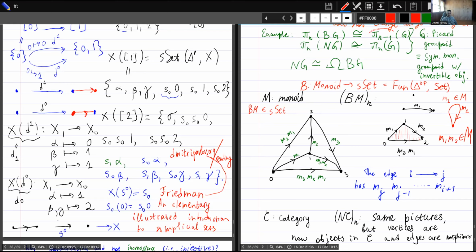And here I reversed the order of product. I mean, in principle, you could have used the other ordering. It doesn't really matter. But the reason I did this is later this product will become composition of morphisms, and morphisms are composed from right to left. And that's why here I also write the order of factors from right to left.